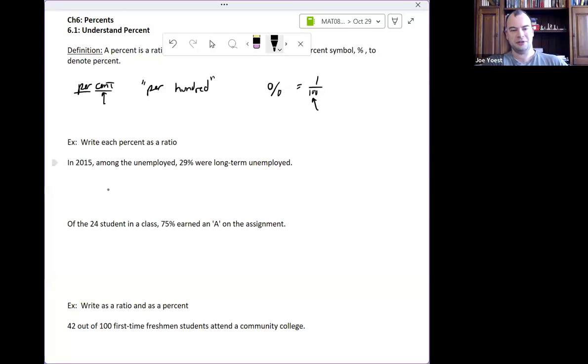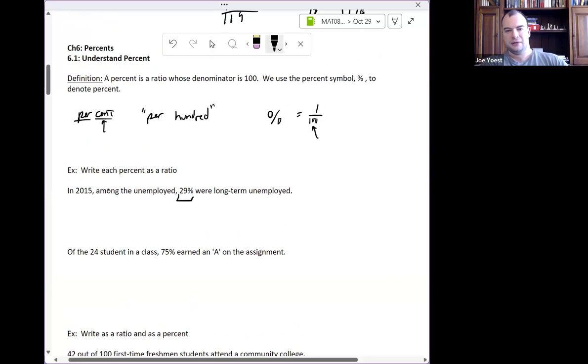But in 2015, among the unemployed, 29% were long-term unemployed. So this is my percent that I'm interested in, 29%. If I write it as a ratio, remember, a percent is a ratio with the denominator of 100. So 29% means 29 over 100.